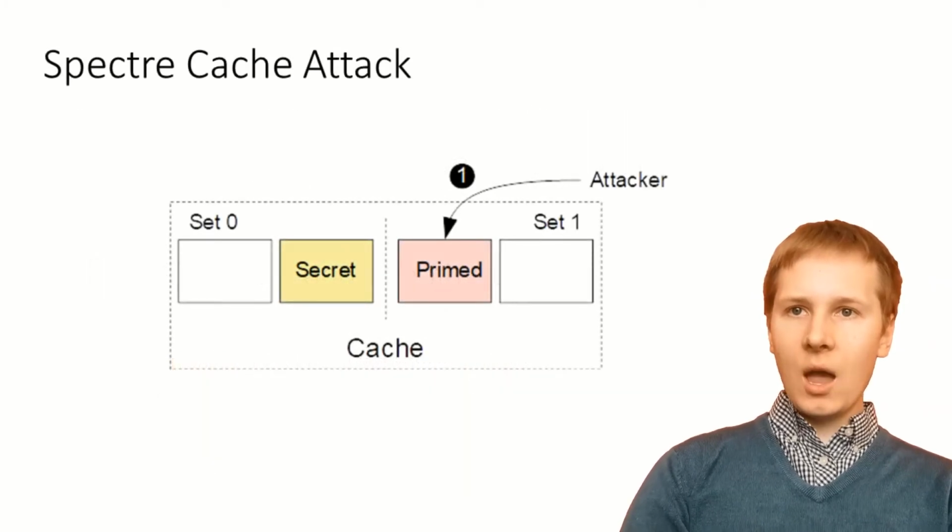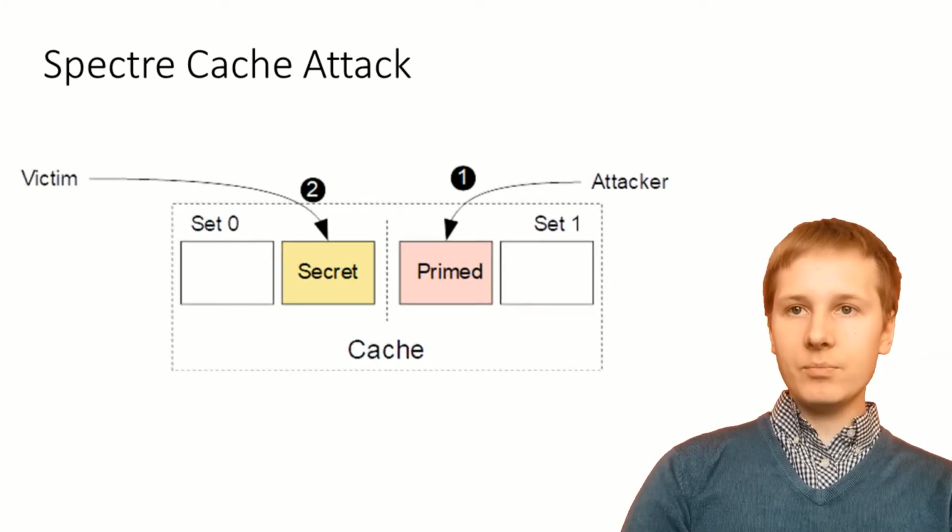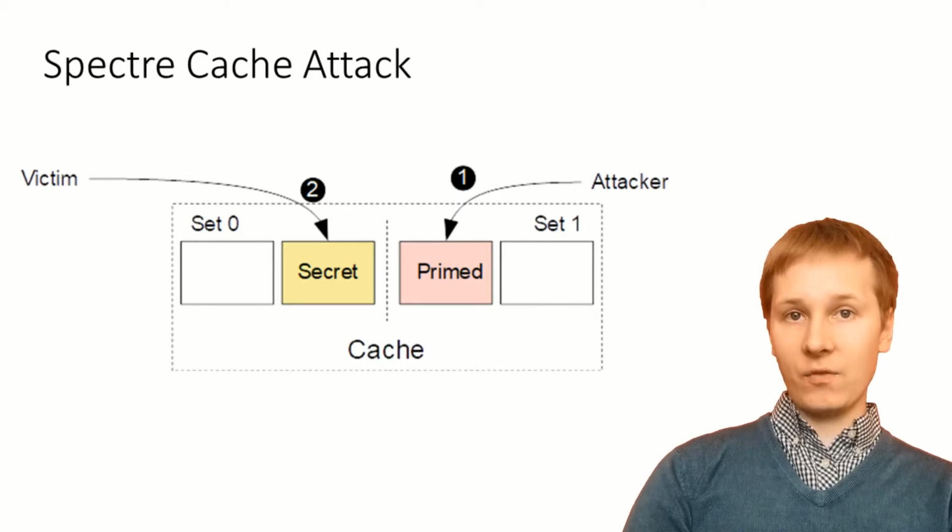So first, how do Spectre attacks on caches work? In the example on screen, first an attacker primes the cache with a piece of data of its own. Then, the attacker tricks the victim into bringing secret data into the cache via speculative execution, such as by poisoning the branch predictor or branch target buffer.